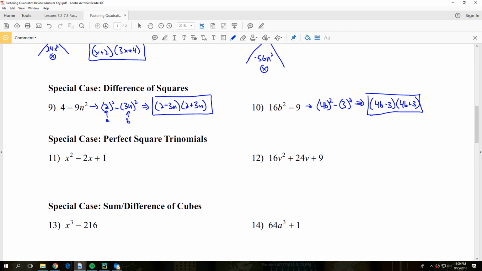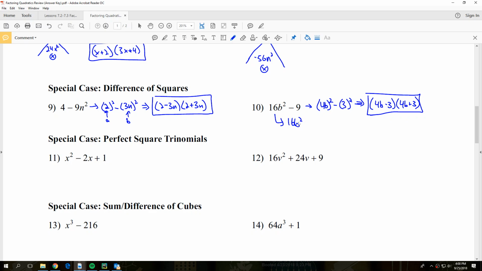By the way, 9 and 10, even though this is a difference of squares, if you don't recognize this, there are a couple of other ways to solve this too. For example, if I rewrote number 10 as a trinomial, I could definitely do that. This is the same thing as 16b squared, and you might say, well, there's no middle term.